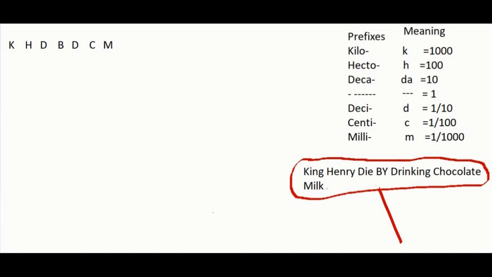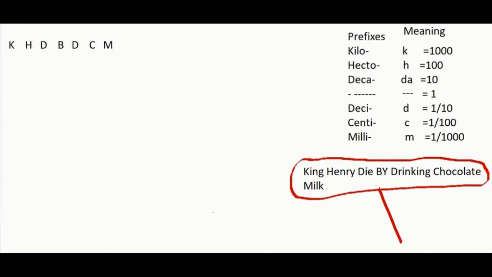D stands for deci, and this is 1/10. C stands for centi, and this is 1/100. M stands for milli, and this is 1/1000.